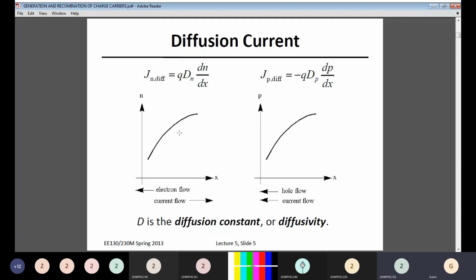Look at the graph. Here the electrons will flow due to the charge carriers. The free electrons tend to flow, and that constitutes a flow of current in the opposite direction.